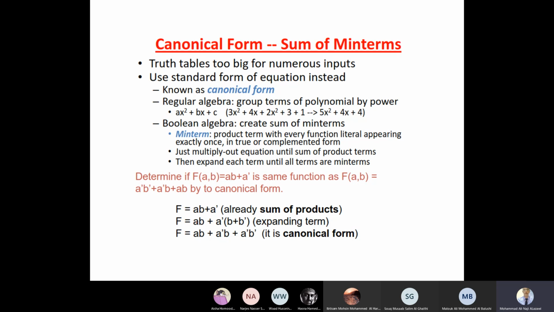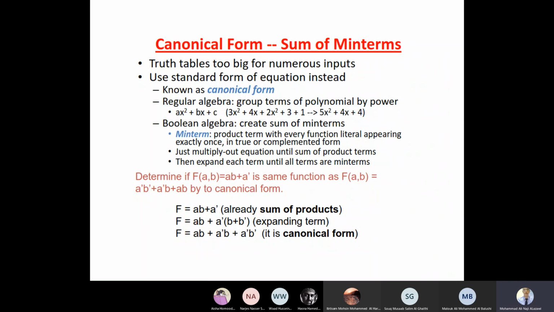Actually, there are some standard forms. We need to simplify our process, to simplify our representation. So, a truth table is too big for numerous inputs.